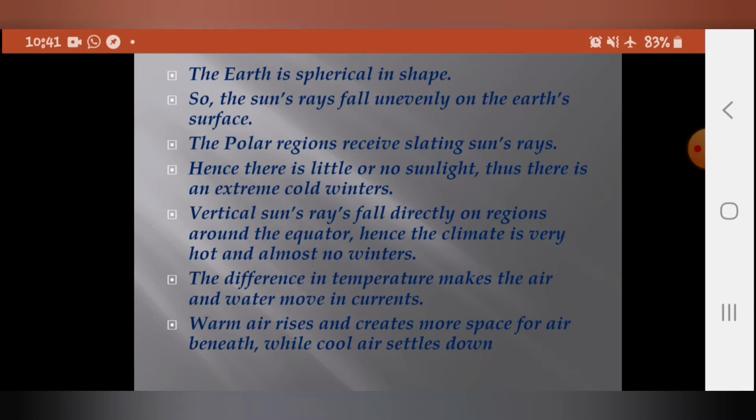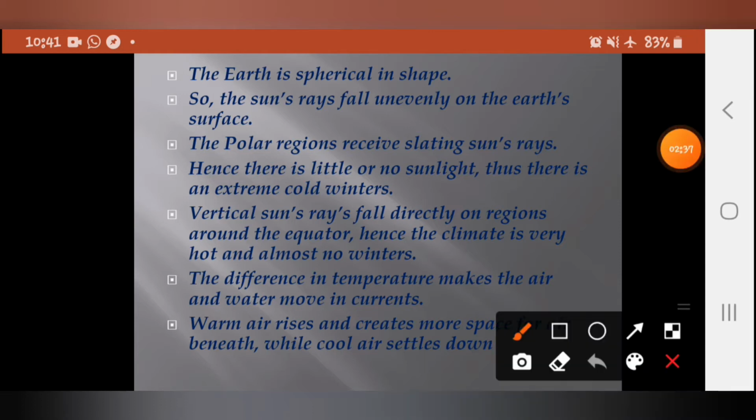Vertical sun's rays fall directly on regions around the equator. Hence, the climate is very hot and almost no winter. The other part of the earth doesn't receive sunlight, so that part of the earth will be extremely cold.